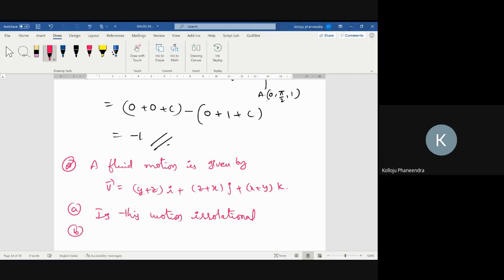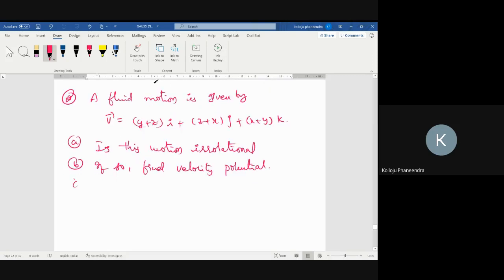Second question: if so, find the velocity potential. Third one: is the motion possible for an incompressible fluid?